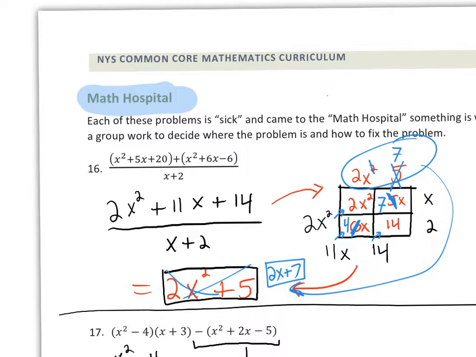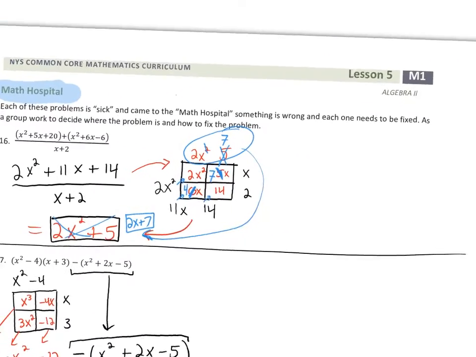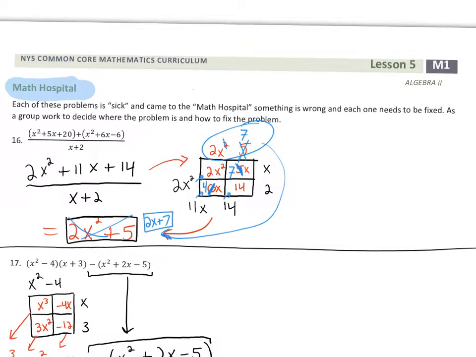So if I were to do this problem fresh, I would need to do a lot of things a little bit differently, as I try and zoom over here. So let's start it completely fresh. I've got a box. I've got the 2x squared. I've got the 11x. I've got the 14.